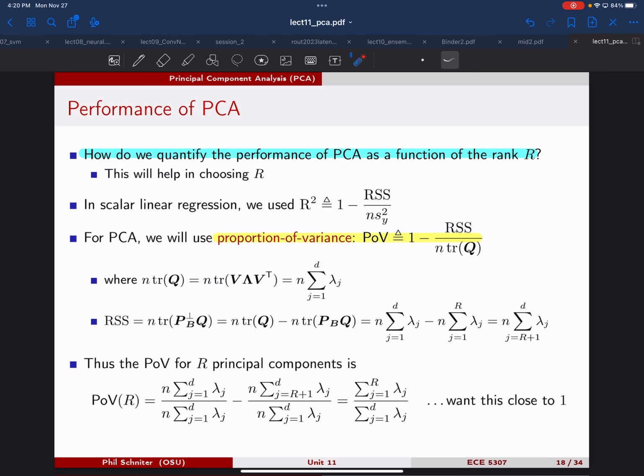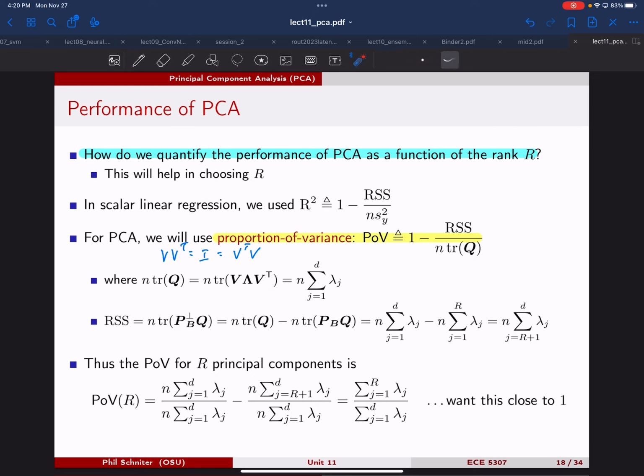Okay, so if we plug in some of the quantities that we talked about last time we met, we can get a nice, concise expression for this that I think gives a bit more intuition. So let's start with this denominator, n times the trace of Q. If you remember, for Q, we had this eigenvector decomposition, which was V lambda V transpose. And V was a matrix that was orthogonal, meaning V times V transpose is equal to identity, and also V transpose V is equal to identity.